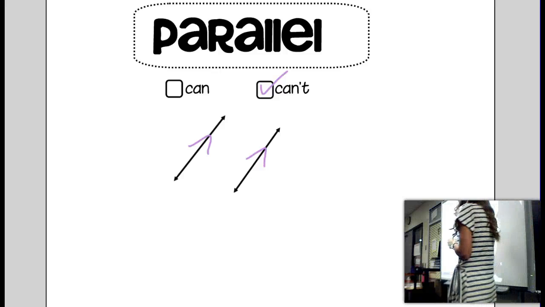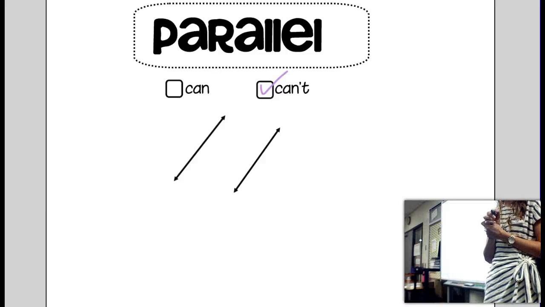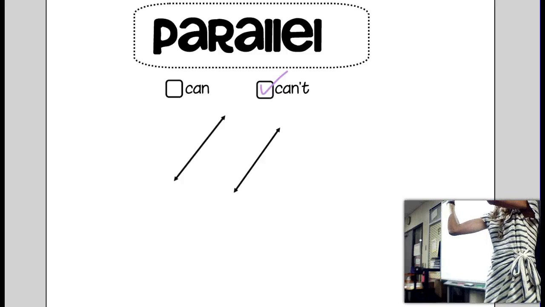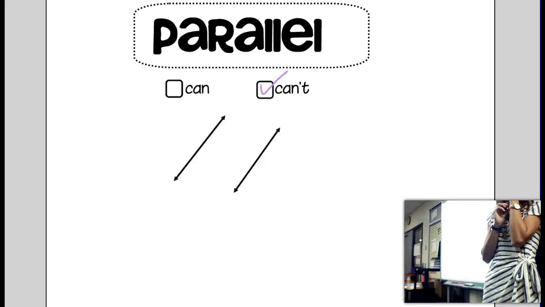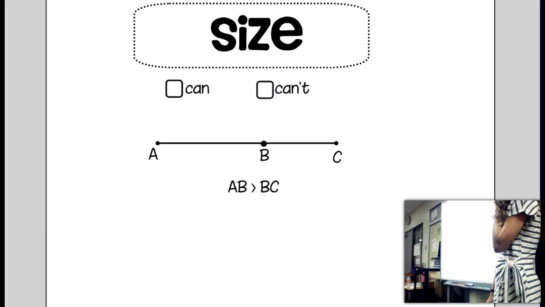But if there's no arrow going through the middle of my line, no, you can't assume they're parallel. What if it's off just a tiny bit? What if they look like they have the same slope, but the slope is slightly different? We don't know until someone tells us.